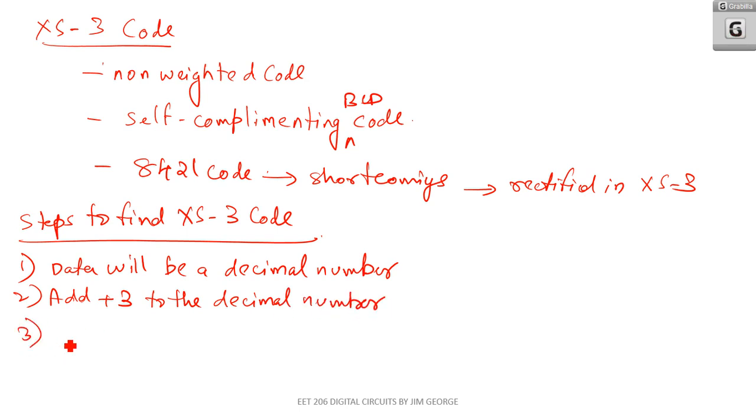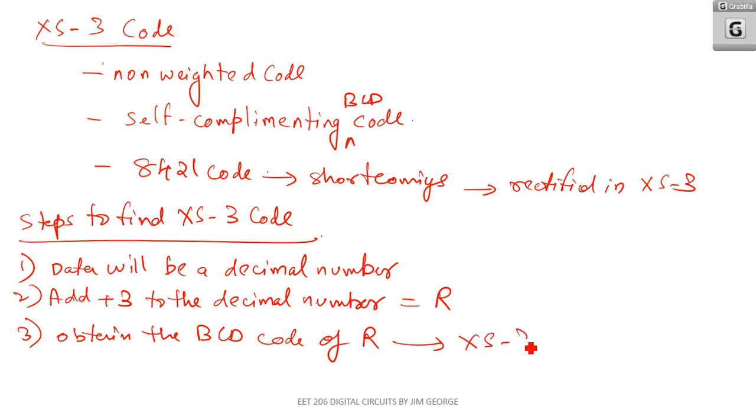Third step, obtain the BCD code. Let the result be R. Obtain the BCD code of R. That gives the Excess-3 code.